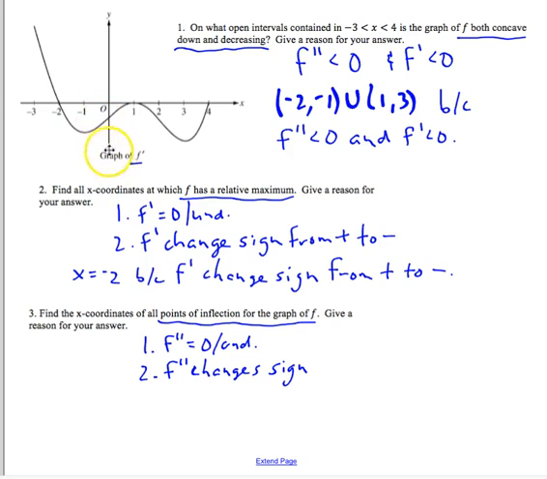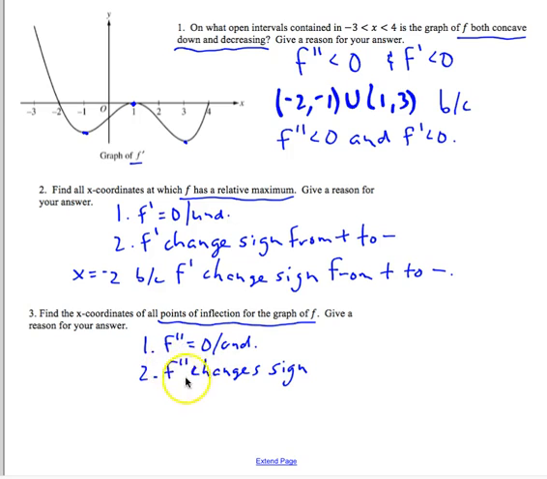So we're trying to find out when the derivative of this graph, or the slope of this graph, is 0 or undefined. And we see that we have a slope of 0 when x is negative 1, when x is 1, and again when x is 3. But not only does f double prime need to be 0, f double prime needs to have a sign change.